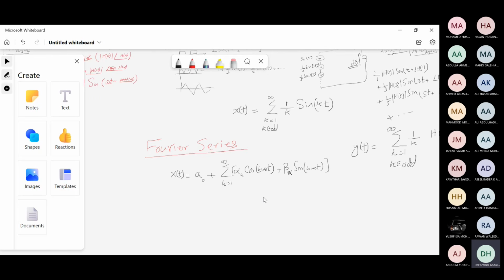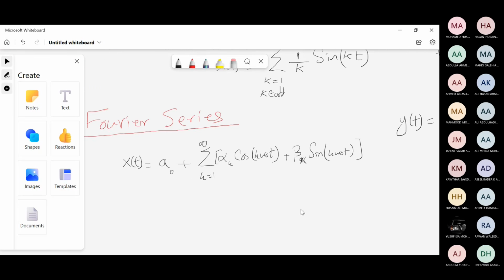Okay, now important: how we can find this, and this one, for any periodic signal. For example, if we have something like this, a periodic signal, we want to express it in sine and cosine, decompose it into sine and cosine, by using Fourier series.